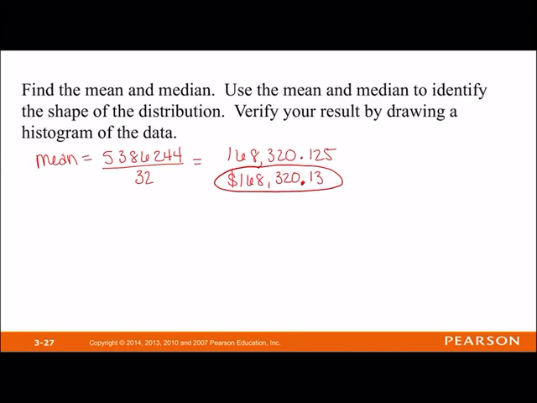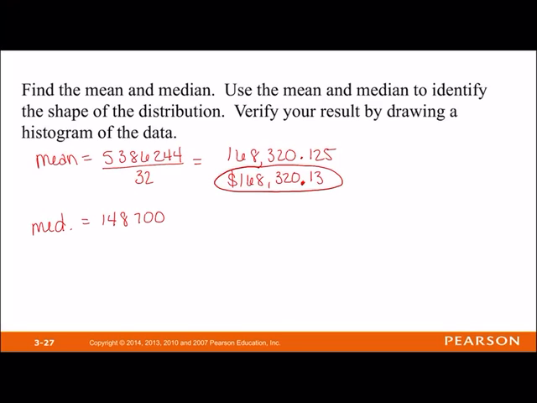Okay, your median. Again, just make sure that your data is in order, and I was nice this time, and your data did go in order from smallest to largest, so you can just start counting your way to find the middle number there, or the middle two numbers here. What it should come out to in the end is 148,700. I'm going to show you some more stuff in the calculator with that in a second, in case I didn't in class.